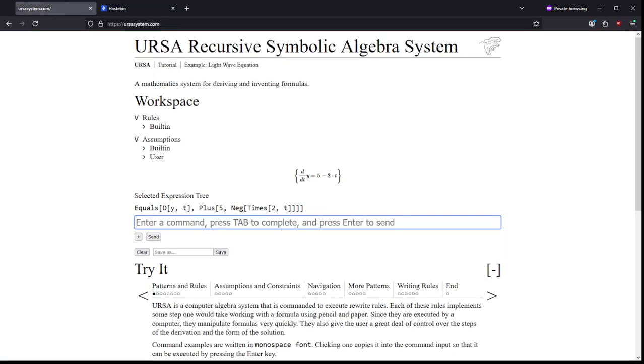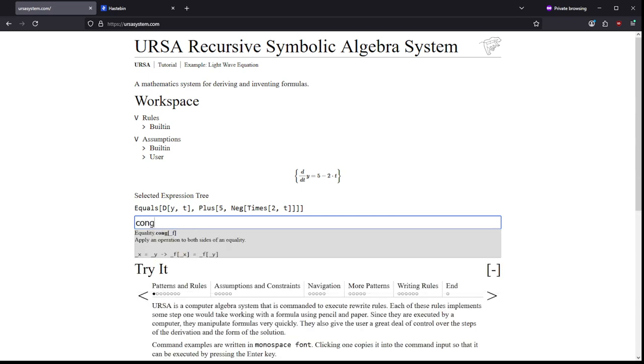Okay, so we can now solve this with a Laplace transform. The first thing that we need to do is take the Laplace transform of both sides of the equation, which we can do with the cong rule, equality.cong. Cong stands for congruence, and it applies some function to both sides of an equality. So I'm going to apply Laplace transform of t, s.